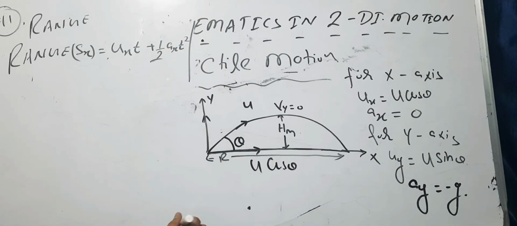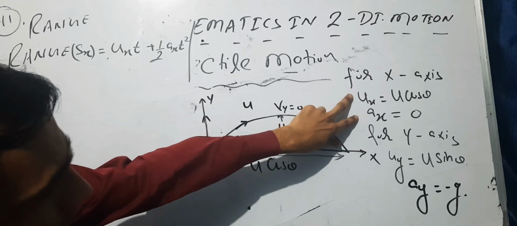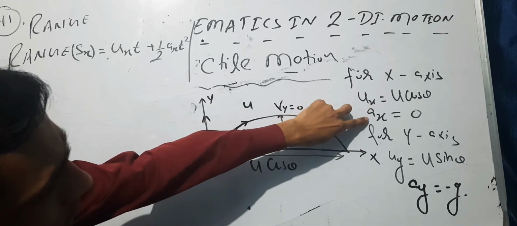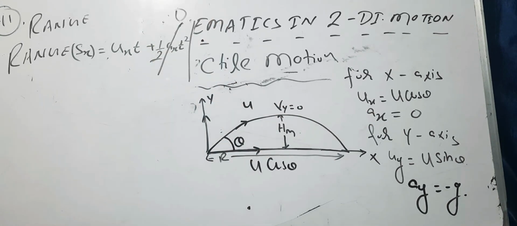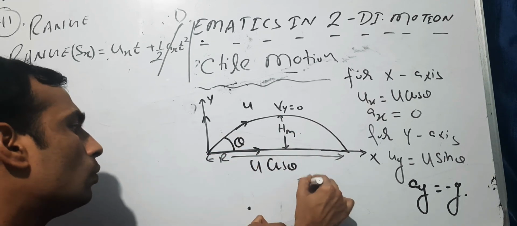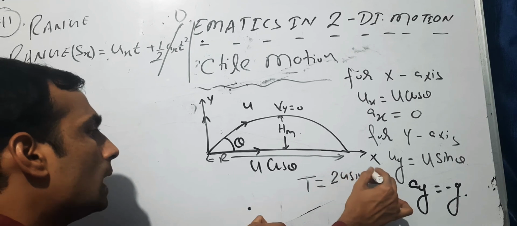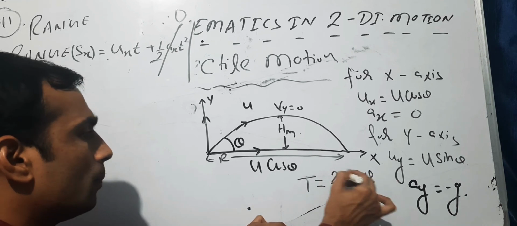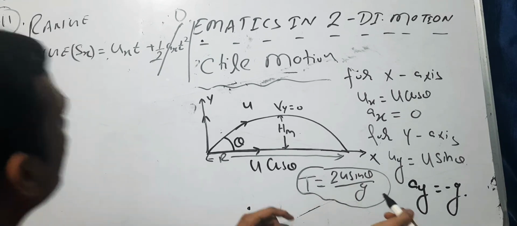You can look at it, ax is equal to 0, so this whole part goes to 0, and ux is u cos theta. The time you have already calculated, t is equal to 2u sin theta by g, or you can say 2uy by g, same thing.